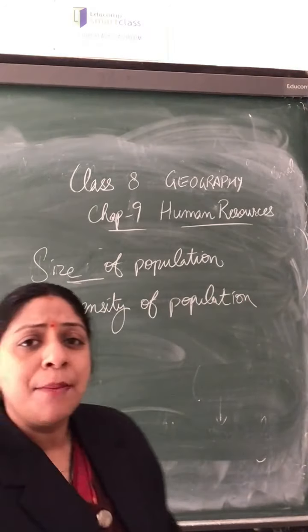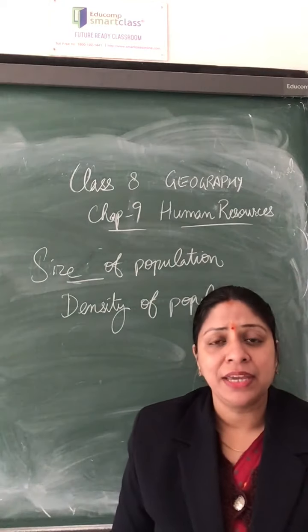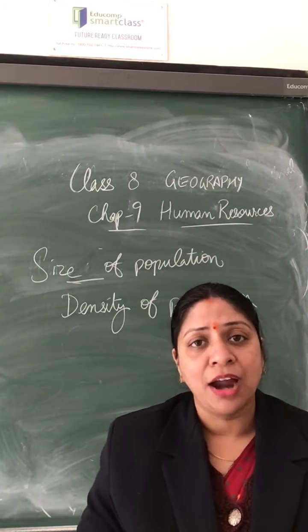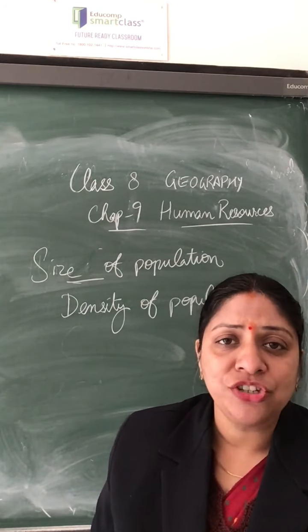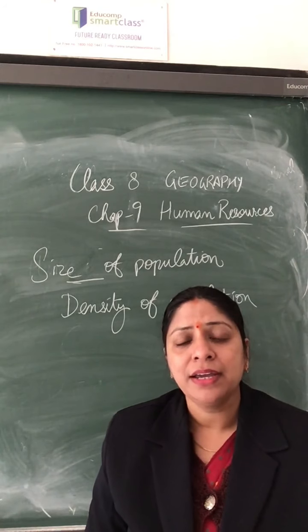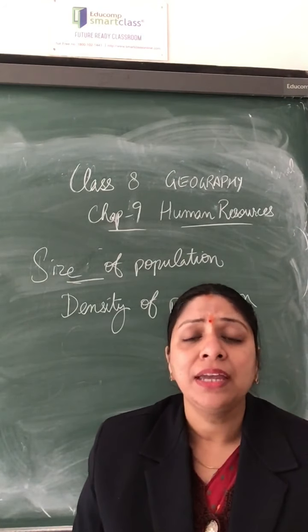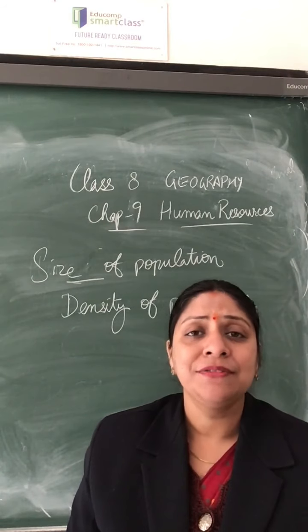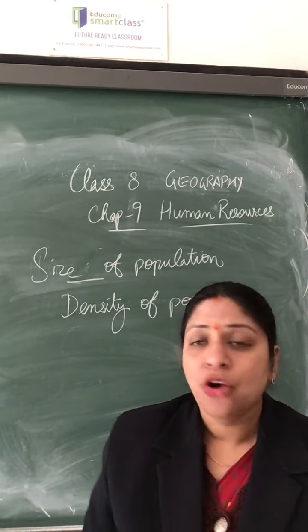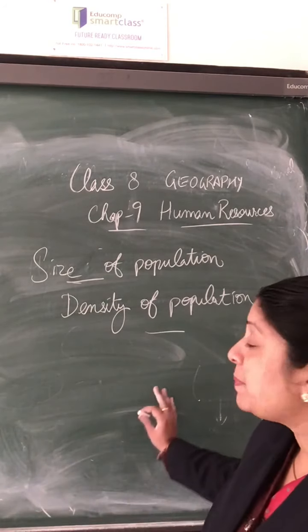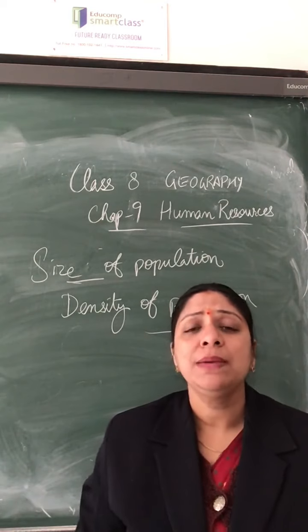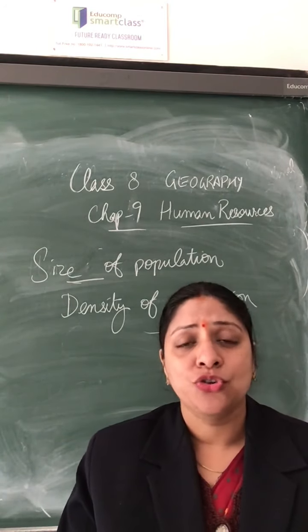Size of population means how many people are living in an area, whether a large number or a small number. That gives us the size of population. Whereas the density of a population means the number of people per unit area of land. How many people are accommodated in a given area, that is called density.